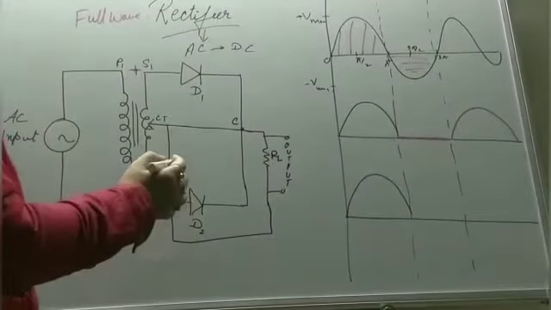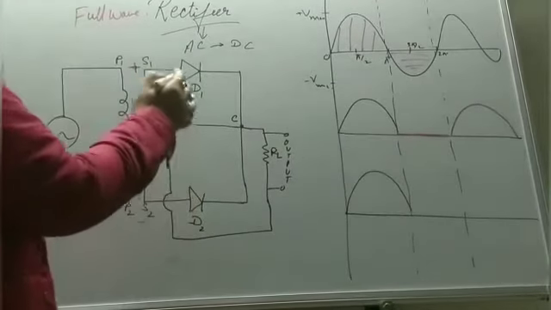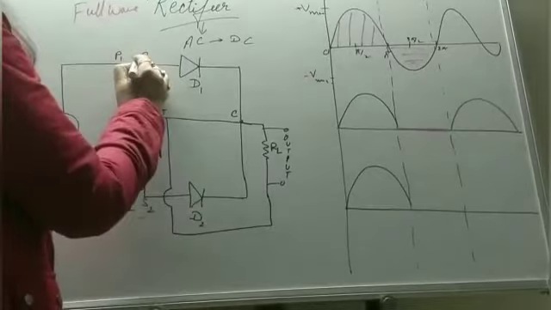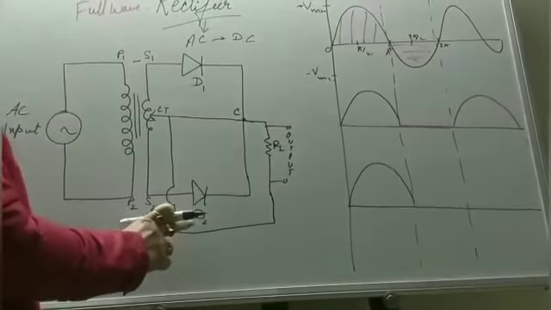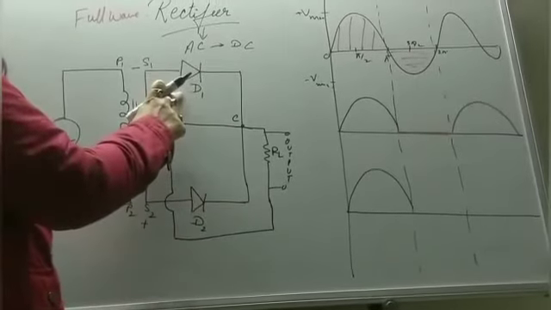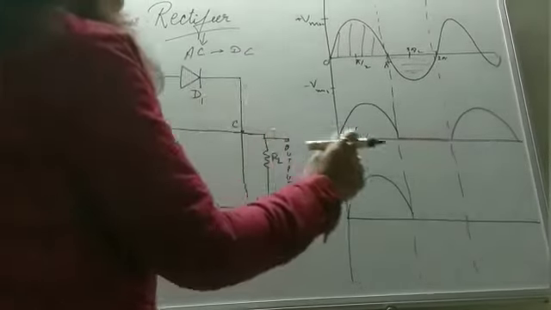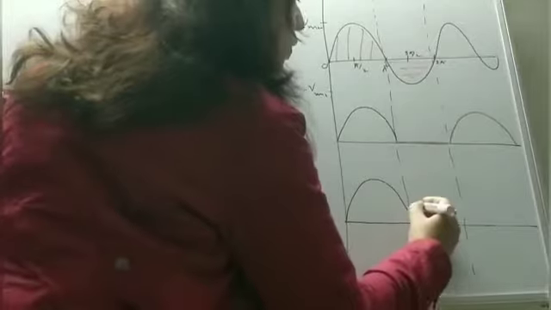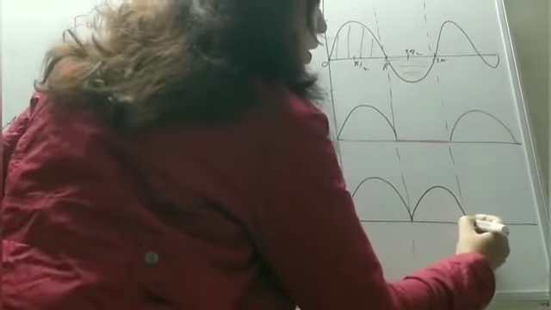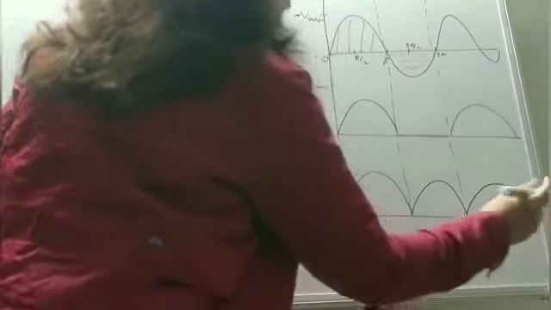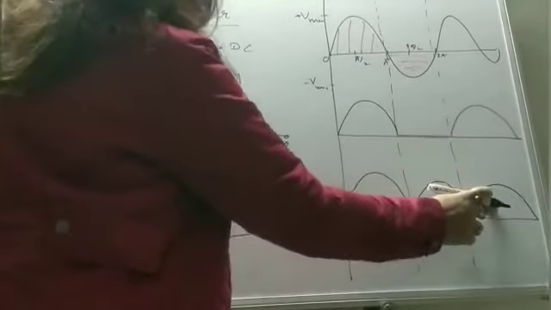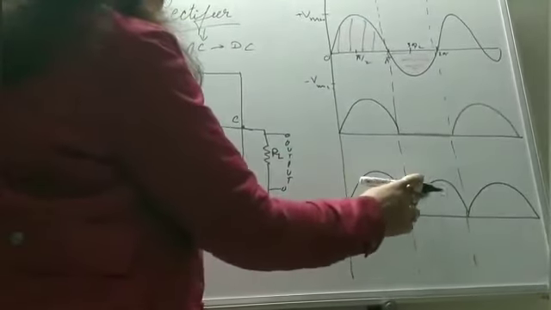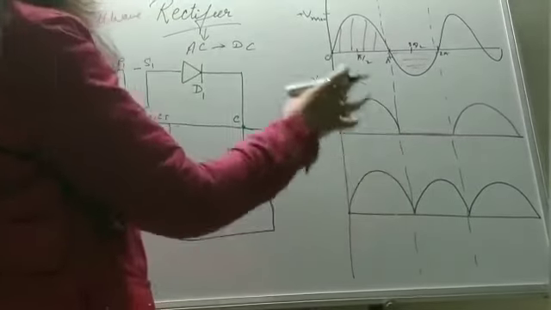Now in the second half cycle, this will become negative and this will become positive. That means D2 is forward biased and diode D1 is reverse biased. Again we are getting a current over here in this manner, and again in the third cycle, in this manner. So your time is not wasted. We are getting this pulsating DC, that means direct current in the form of pulses.